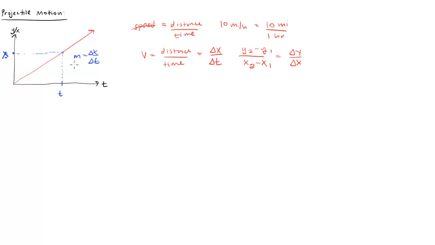And so that means your slope is equal to the velocity, right? So that's why you're getting that intuition that the slope on an x versus t graph gives velocity.